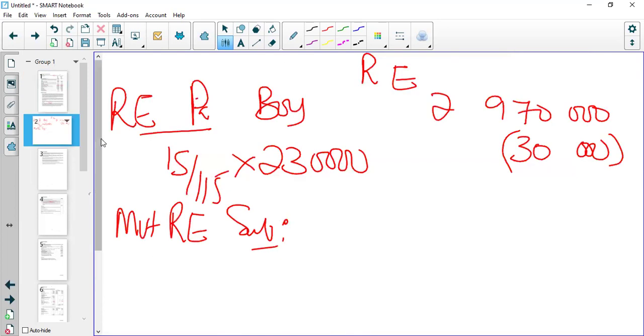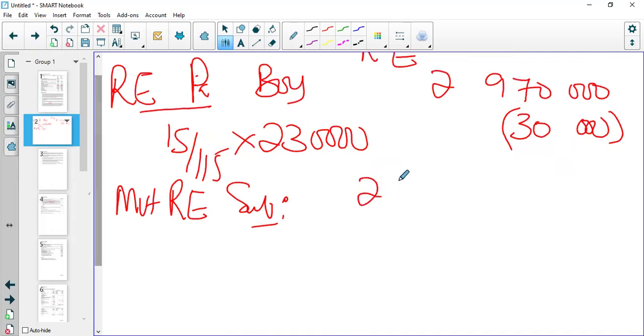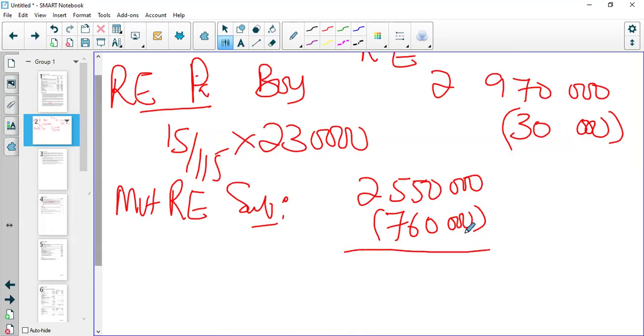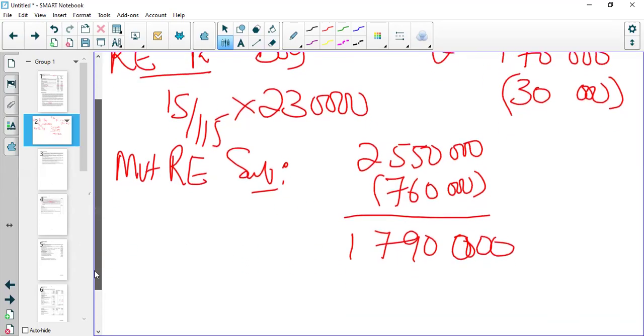So the movement is 2550 less 760. So the movement is 1790. So this is the movement in retained earnings, but we need to adjust that.